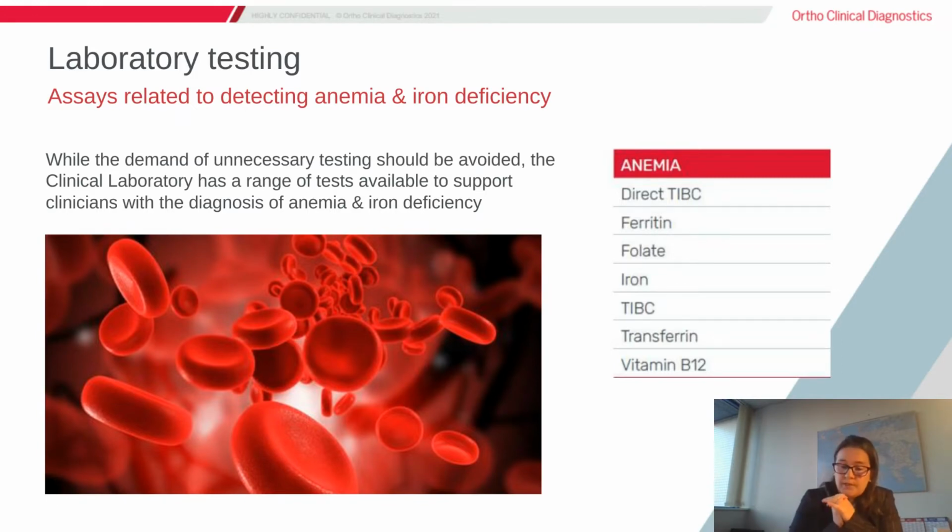And I want to say that also Vitros' anemia panel includes assays that really perfectly fit this indication, like vitamin B12 and folate, as well as direct total iron binding capacity, but also iron and ferritin.